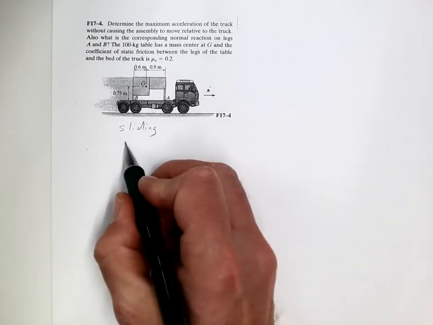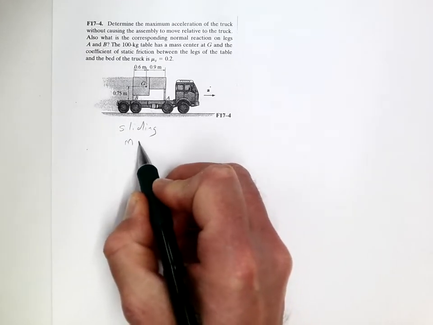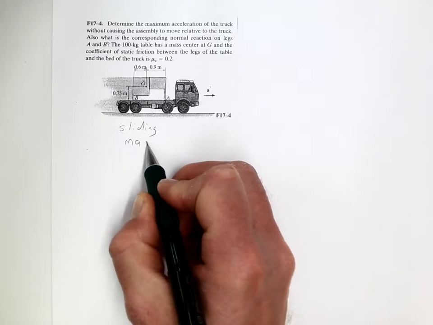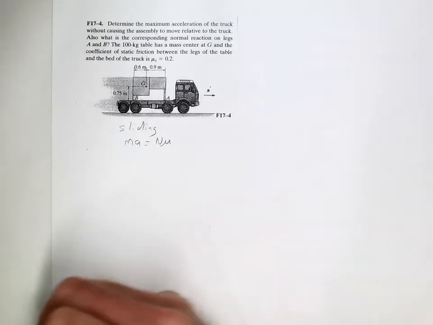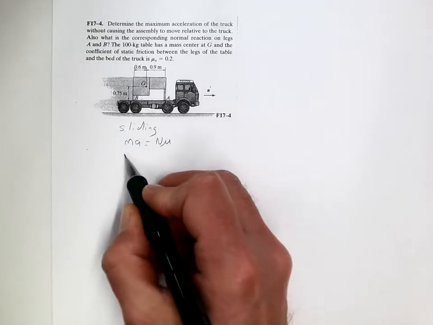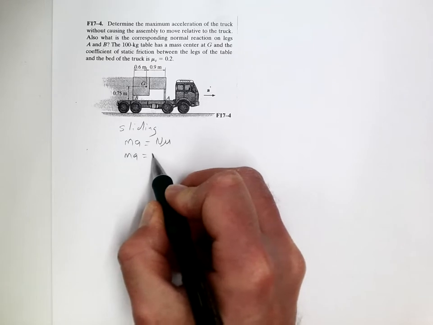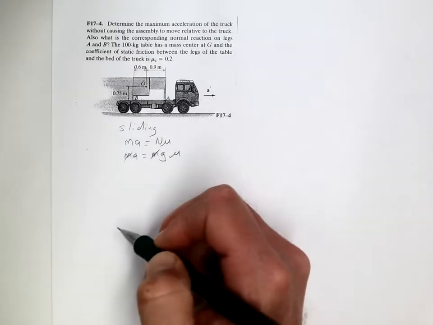Okay, so if it starts to slide off, we'll know that the mass of the table times the acceleration of the table is equal to the normal times mu. And the normal is mg, so ma is mg mu. Masses cancel.